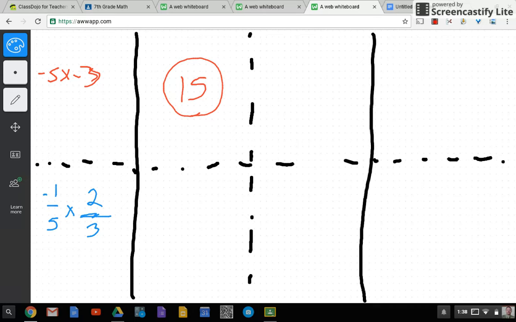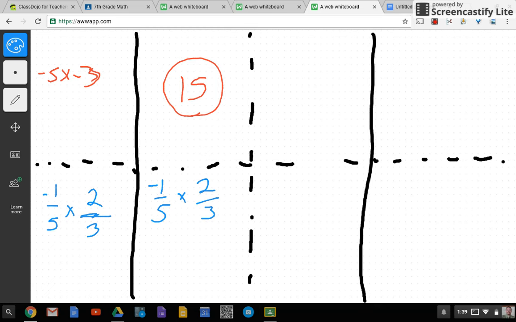So in here, it is -1/5 times 2/3. Now then, thank you, good Lord, for giving us a multiplication problem with fractions, because when you multiply fractions, you do not need a common denominator. So you just multiply straight across.